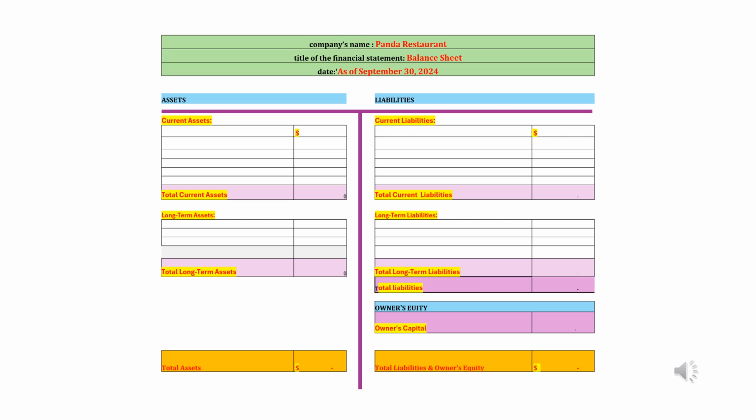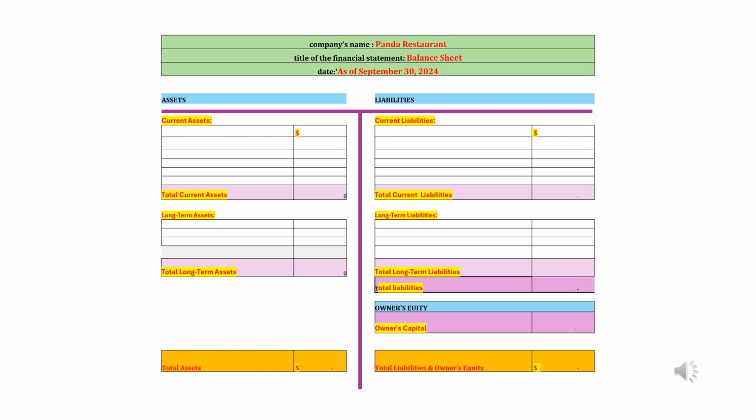Liabilities. Current liabilities, which must be repaid within a year. Long-term liabilities, such as mortgages or bank loans, which typically take several years to repay. For example, a mortgage spanning 25 years or a bank loan requiring 5 years for repayment.